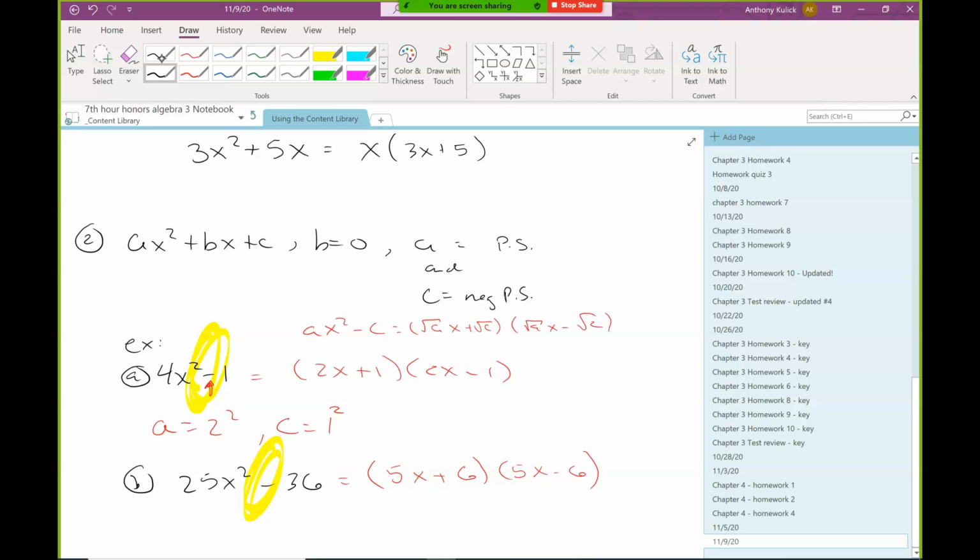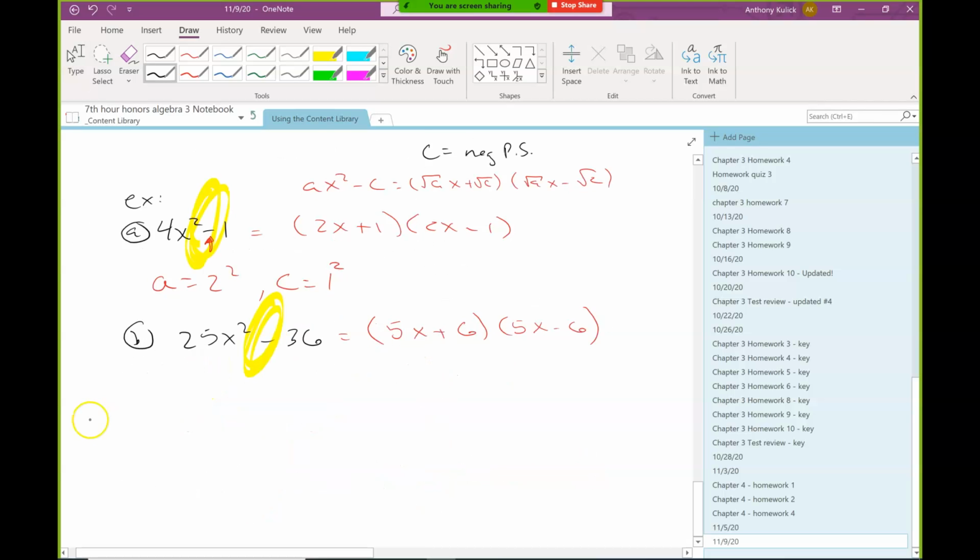Okay? The third situation is where we have a standard form polynomial where the leading coefficient is 1.